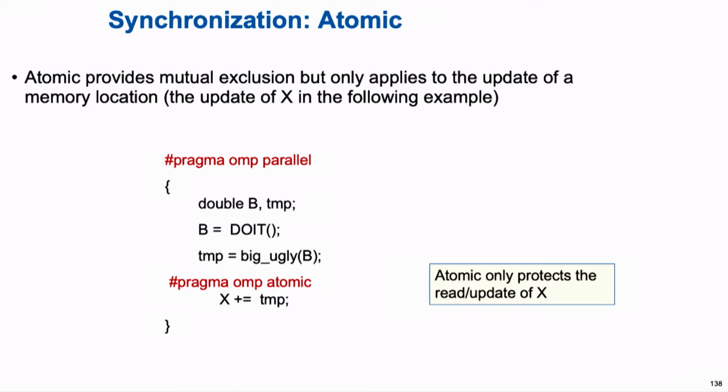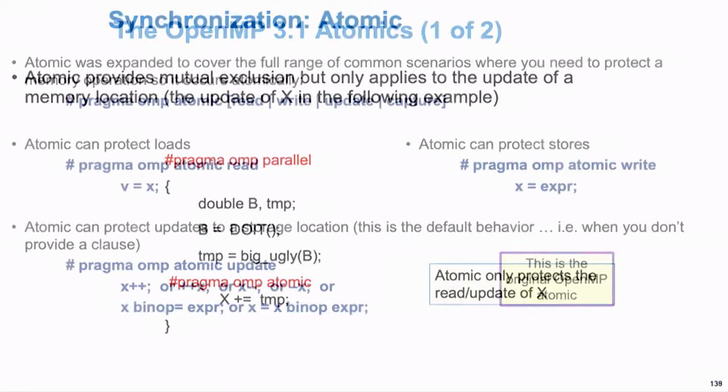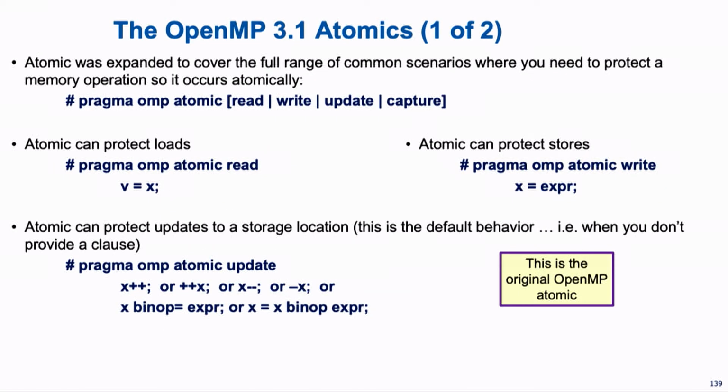But when you study the low-level details of managing concurrency, atomic operations are critical because, as I said earlier, an atomic operation cannot be observed in an intermediate state. It has either not happened or it has happened. Now, what we've done with OpenMP as of 3.1, the original atomic I just showed you is all we started with.